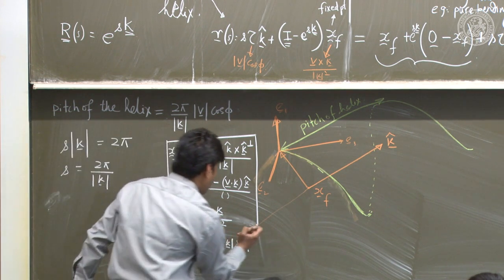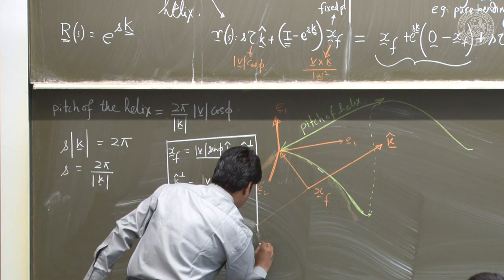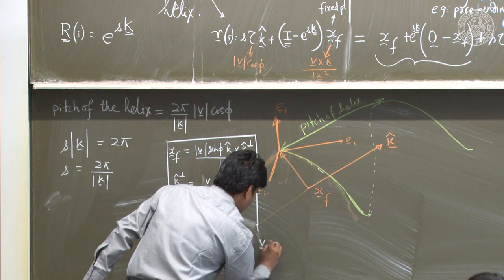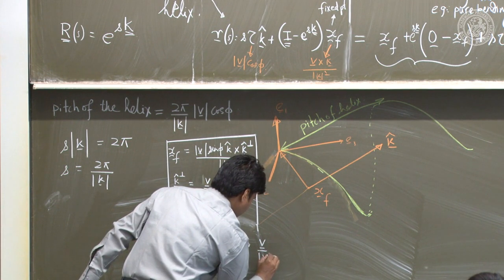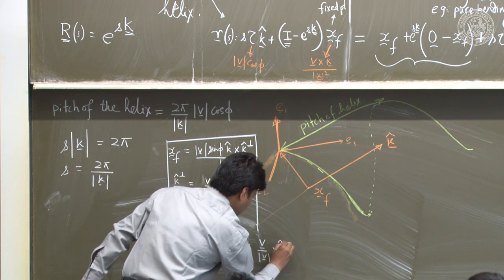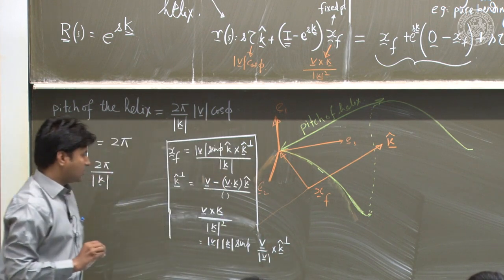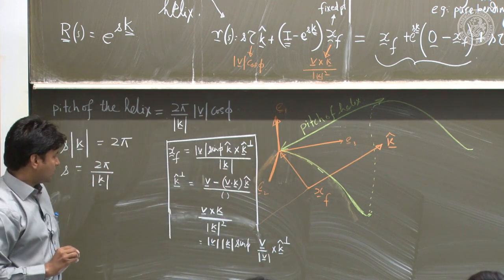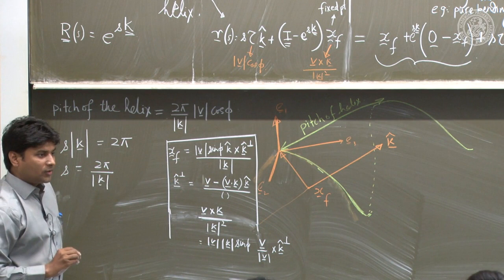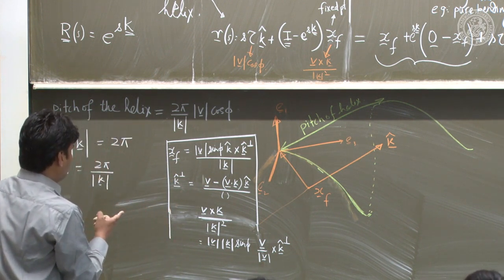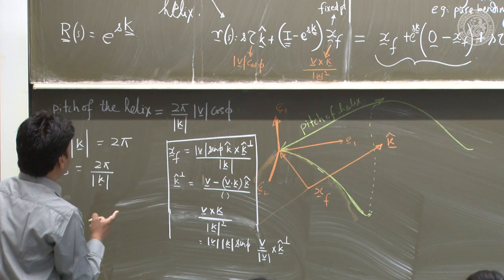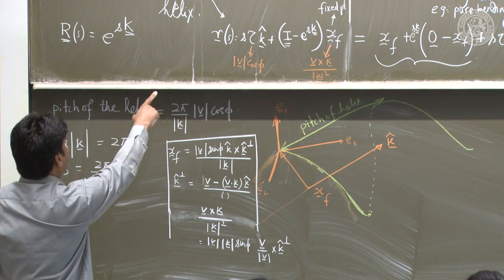That would be same as the direction of V divided by magnitude of V cross k perp. Which should be the same as, oh, we want to write in terms of k hat cross k hat perp.